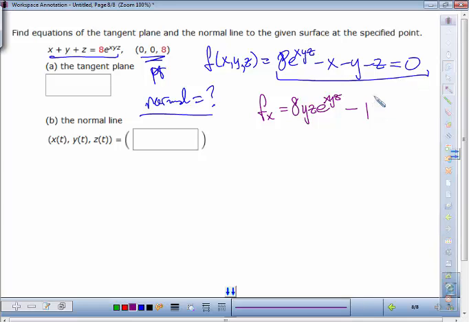And we are interested in evaluating this at 0, 0, 8. So x is 0, y is 0, and z is 8. It looks like it's going to wipe out this whole thing, right? That's just negative 1. So negative 1 for the x component of your normal.